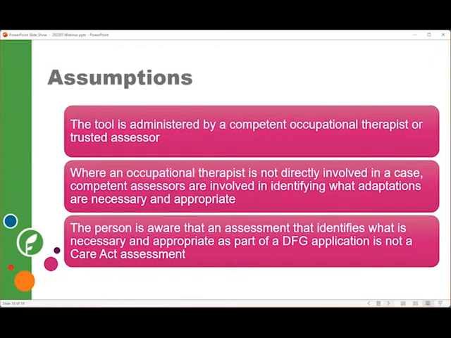So here I've got a slide that provides some assumptions around using the tool. One of the assumptions is that the tool is administered by a competent occupational therapist or a competent trusted assessor, because it's about understanding the answers that you're getting back from the triage tool and the relevance of those answers in terms of determining who needs to be involved.